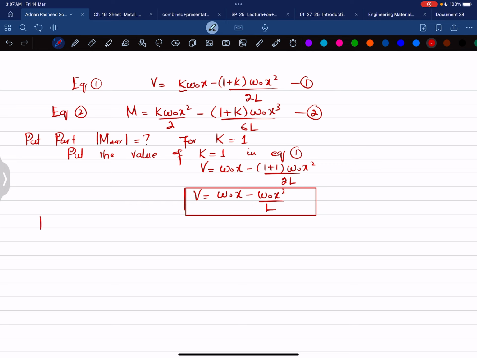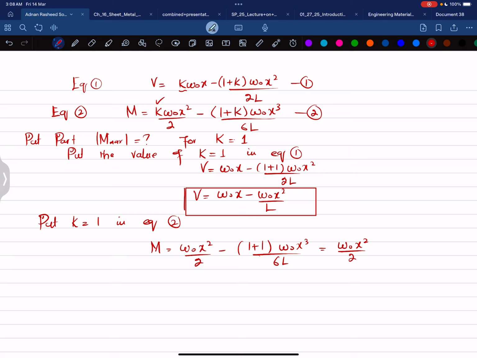Now put the same K is equal to 1 in equation number 2. So what we will get is moment is equal to, this K will be 1, so W naught X square over 2 minus 1 plus 1 W naught X cube over 6L, and we will get W naught X square over 2 minus 2 W naught X cube over 6L.